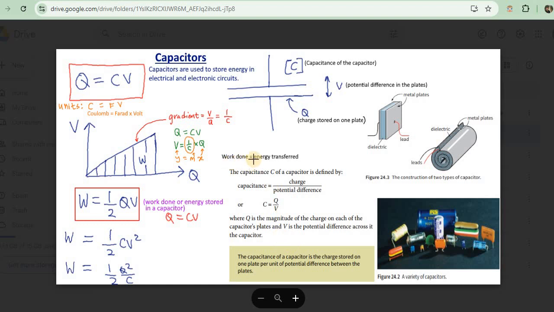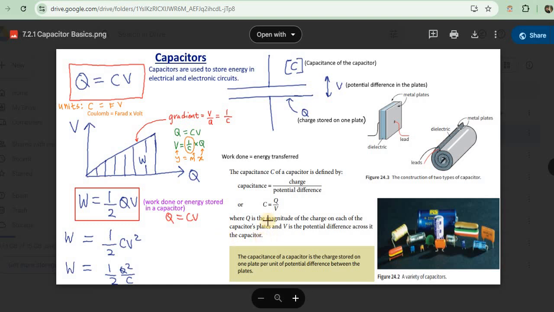Okay, so you know work done equals energy transferred, so the work done on a capacitor to charge it is equal to the energy stored or gained by that capacitor. So the more charge that flows to one plate of the capacitor, the more energy it stores. The capacitance C of a capacitor is defined as capacitance equals charge divided by potential difference, or C is equal to Q over V, where Q is the magnitude of the charge on each of the capacitor's plates and V is the potential difference across it.